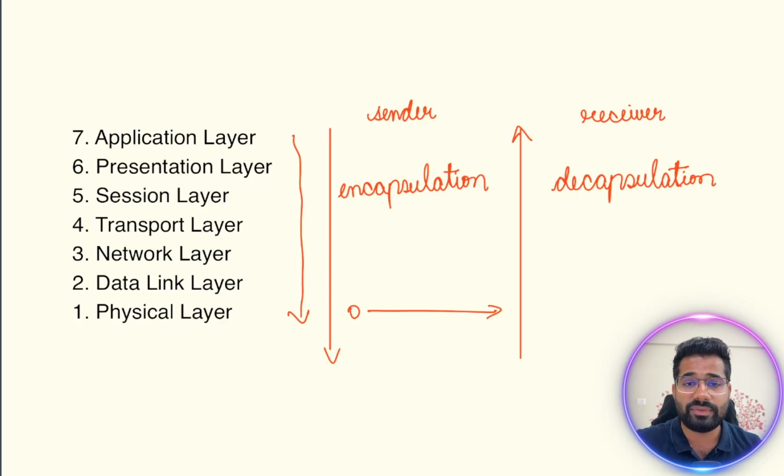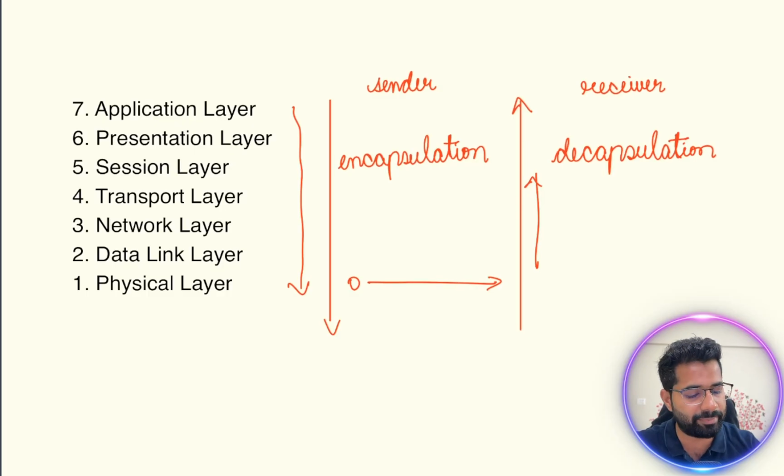Once the receiver receives these smaller chunks, they travel all the way from the physical layer to the application layer, where the data is decapsulated: it is reassembled, decrypted and deserialized, so that it can be formed again in a human readable format.